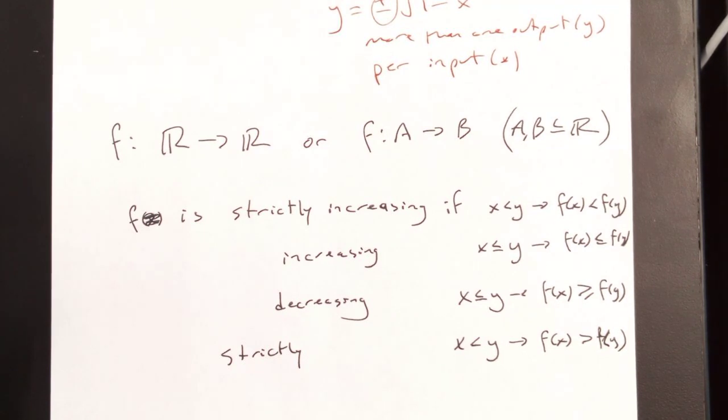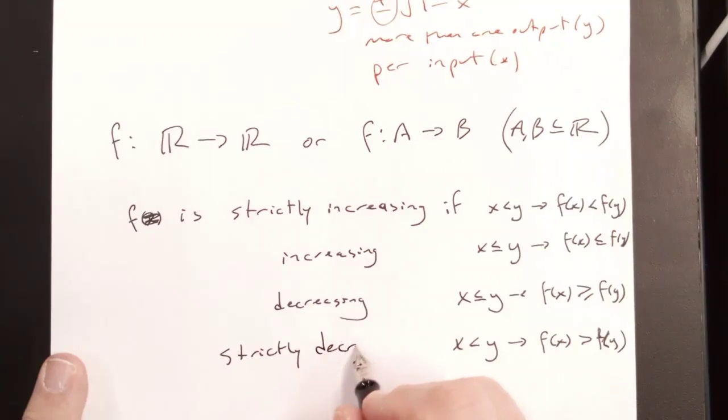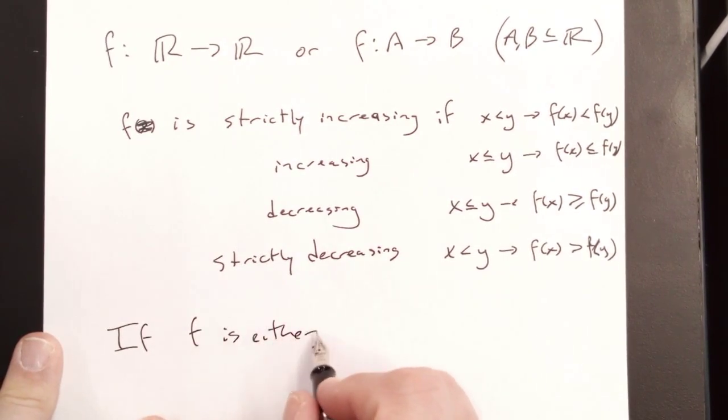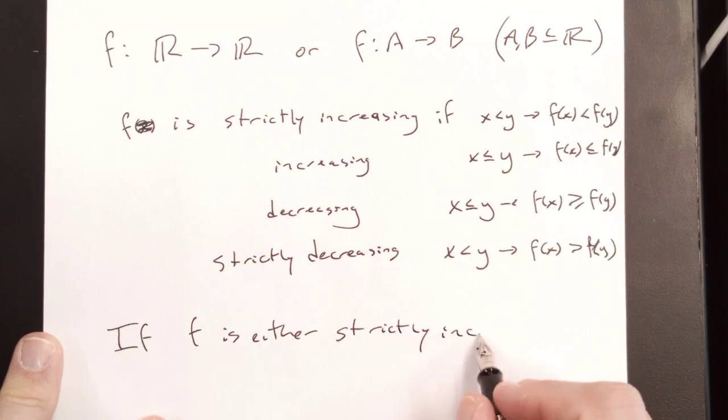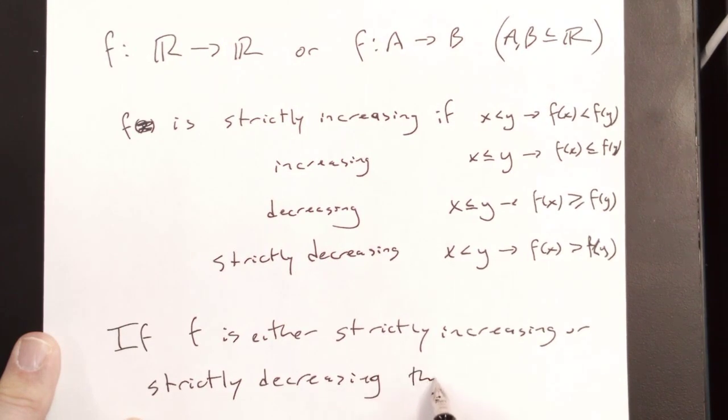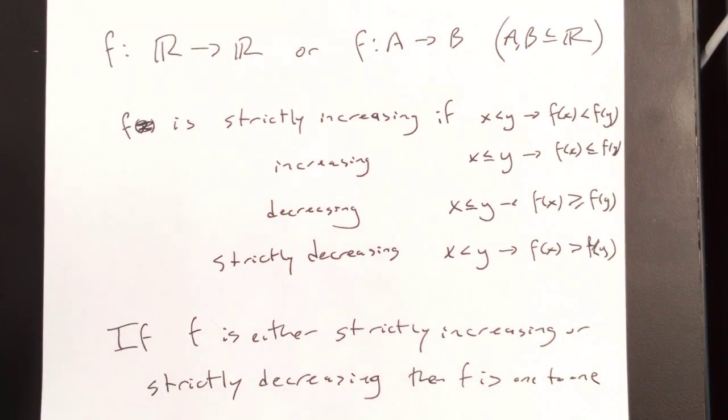Why would I mention this? If f is strictly increasing or strictly decreasing, then it's 1 to 1. Why is that true?